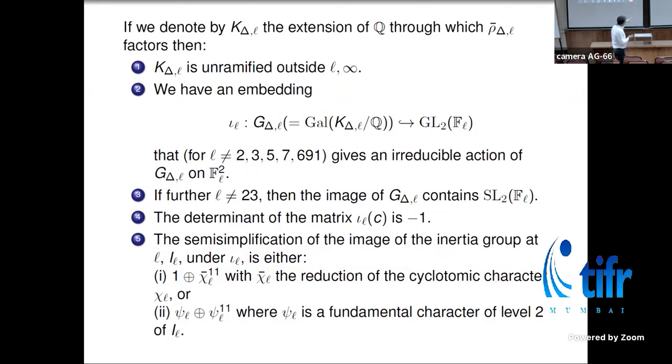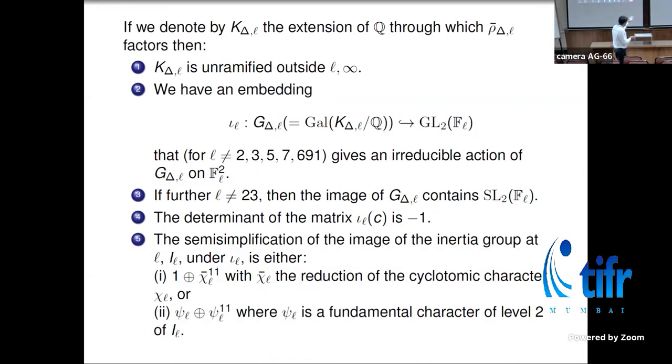The ramification property is that under this embedding of the Galois group into GL_2(F_l), the inertia group at l gets mapped into one of two possibilities. Up to semi-simplification, it's either the identity plus the 11th power of the mod l cyclotomic character, or it has some different behavior, which I'm not going to go into because that happens very rarely, as we'll see.